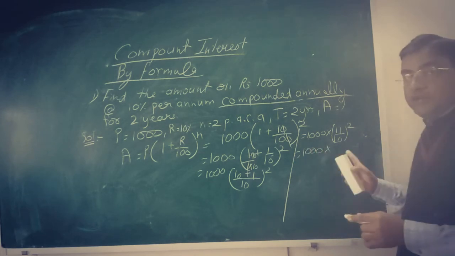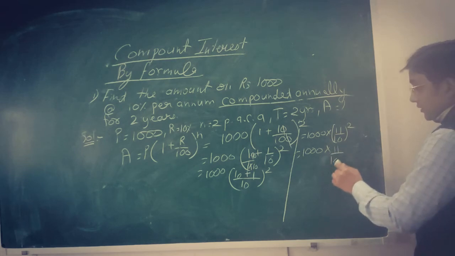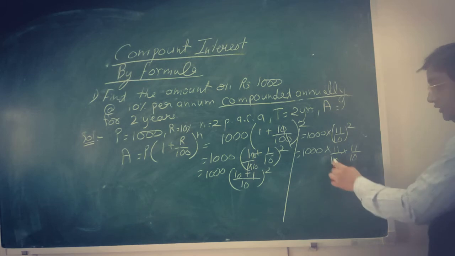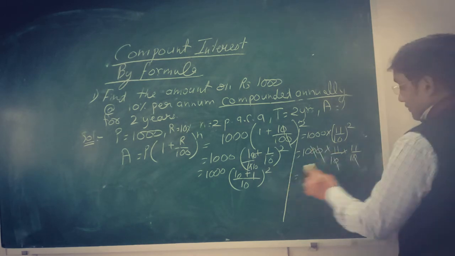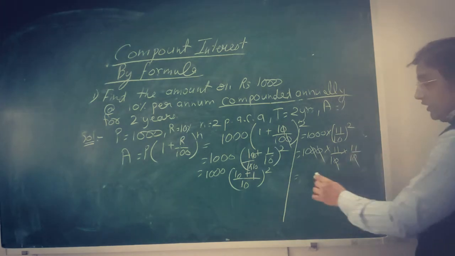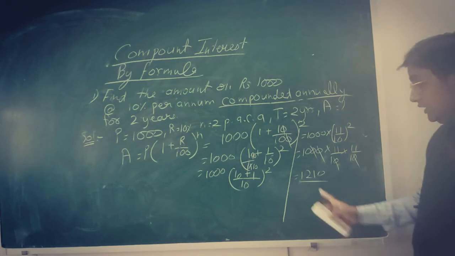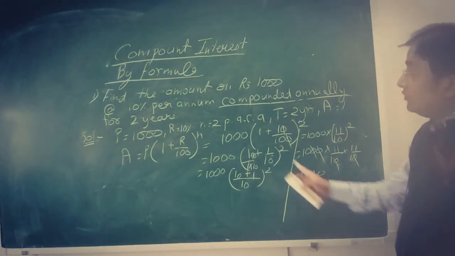A little calculation will be difficult in this formula, but it is very simple to use. Now these two will be crossed out. Now 11 into 11 is 121, 121 into 2. So this is the amount. Okay, this is the amount after 2 years.